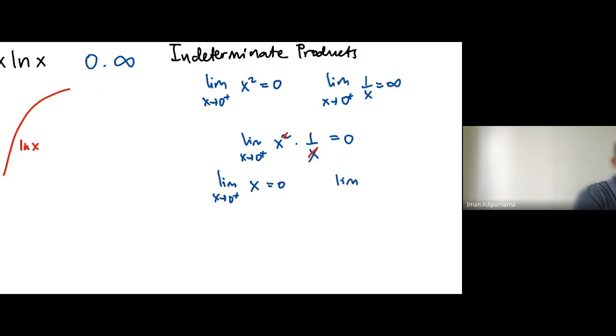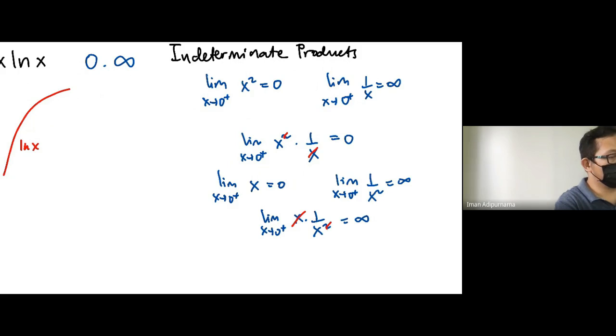If we have a limit that is 0, and a limit of 1 over x squared, this will be infinite. In the same way, if we look at the products from these two, it's 1 over x, it's 1 over 0, so it will be infinity. This is a few examples of what cases might be.